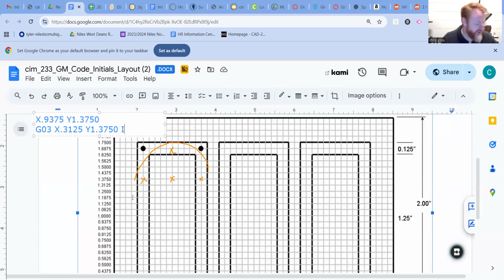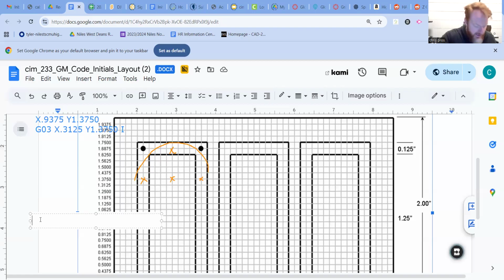So my I is actually, and again, this is a tricky part, this is relative to my first location. So I'm going here, I'm moving here, but what is this in relation to this? So this one is 1, 2, 3, 4, 5. This is 0.6250 X. So let me make another text box over here. My X was 0.6250, right?